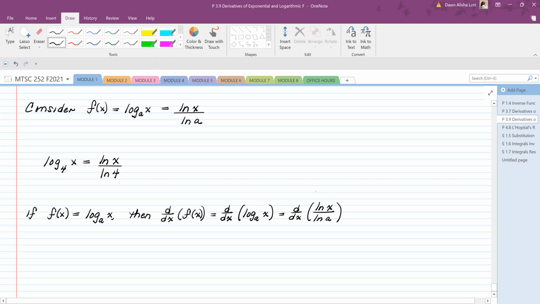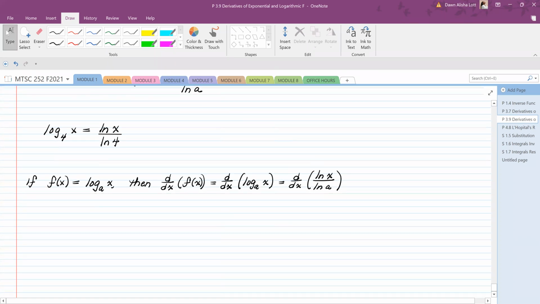But the natural log of a is just a number, so I can pull it out as 1 over the natural log of a, and the derivative of the log of x is 1 over x.